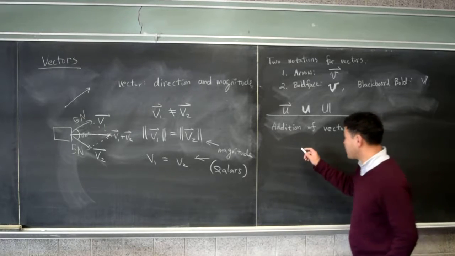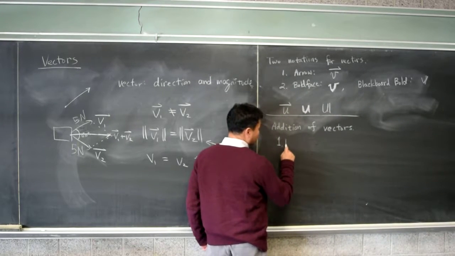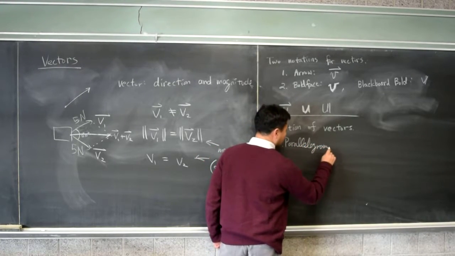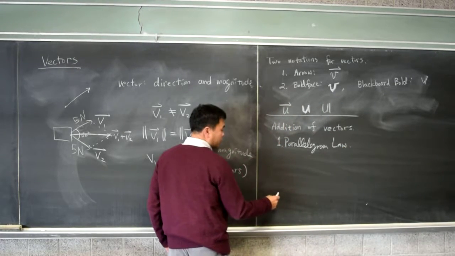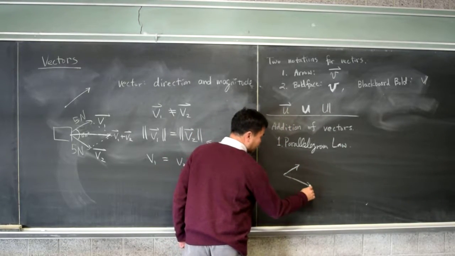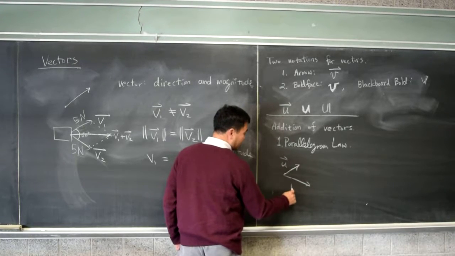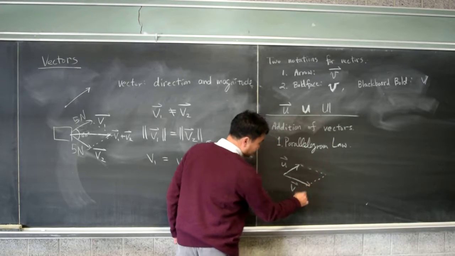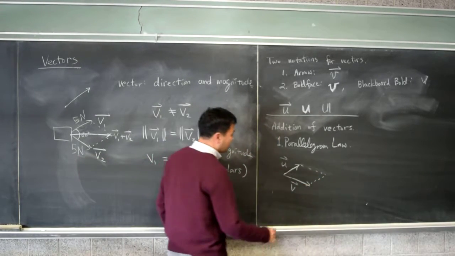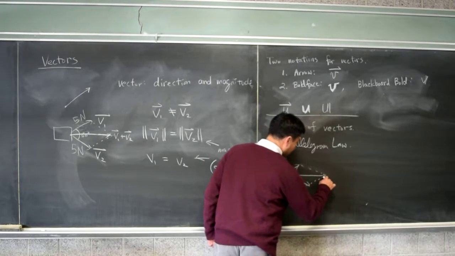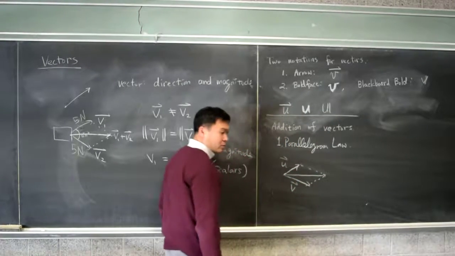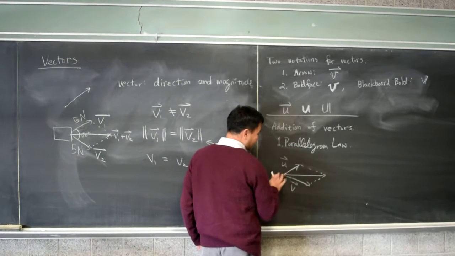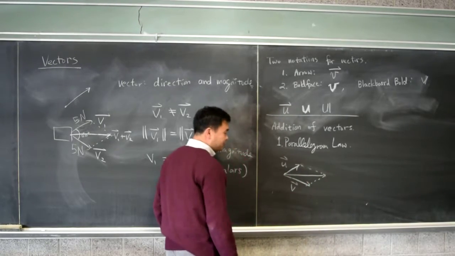There are two ways to add vectors. Number one, the parallelogram rule, which is, if you have one vector and another vector, let's say this is u and that's v, then you draw this parallelogram, and then you connect the initial and terminal points. You use these two vertices to make the initial and terminal points of the sum vector.